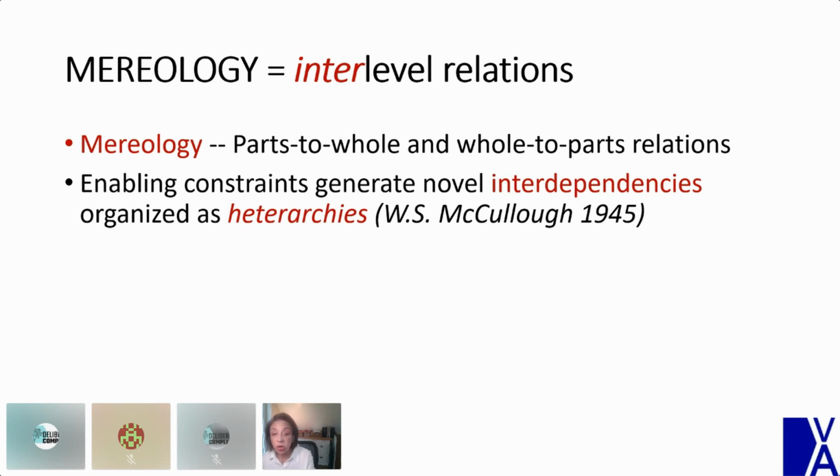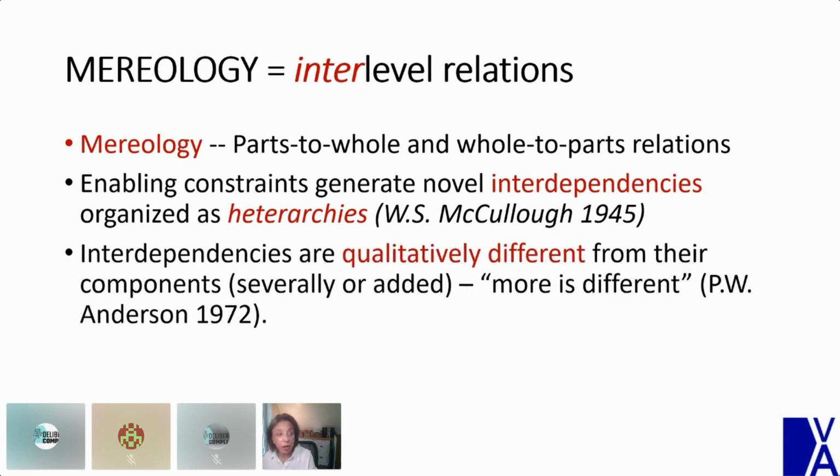But there is also a top-down causality whereby the interdependency with the qualitatively different component that is different from the components themselves do exercise control on their component. So I want to talk about interlevel relations as being relations of constraint. Interlevel relations are usually not relations of energetic transfer.